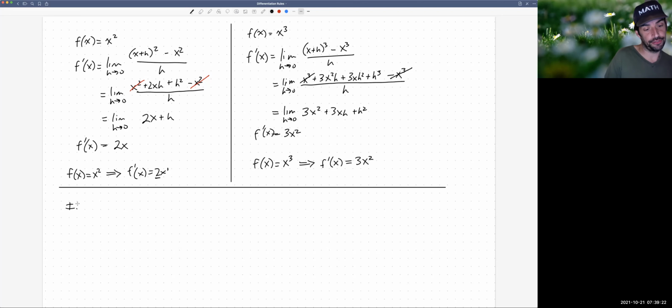So this is our power rule for derivatives.